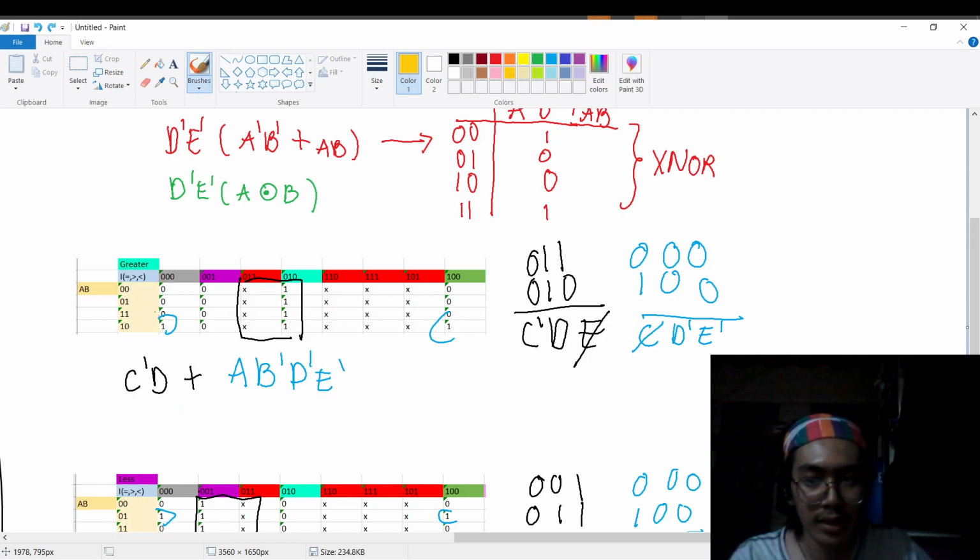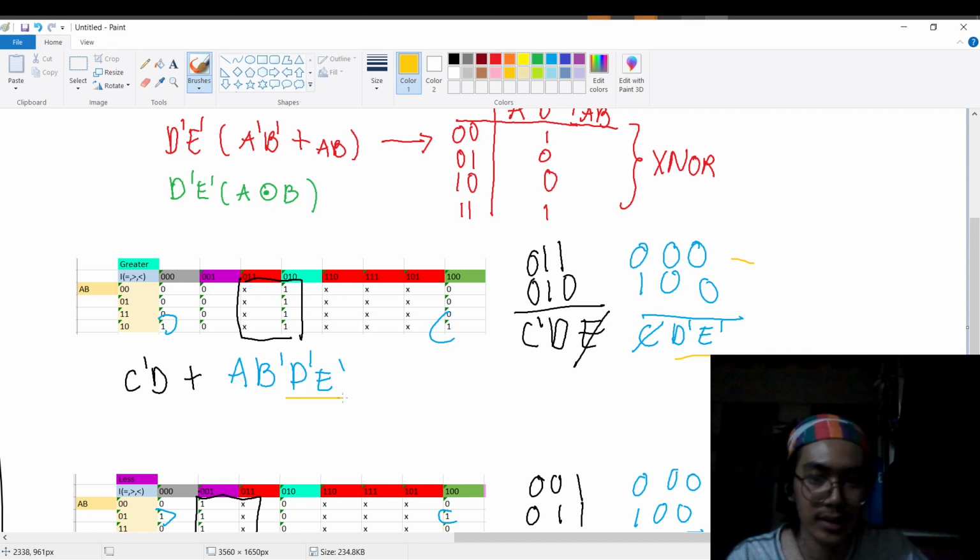So that is for our black group, the C prime D. And the remaining sky blue group right here is similar to the previous one: 0, 0, 0 compared with 1, 0, 0, we can see that D prime and E prime remain.